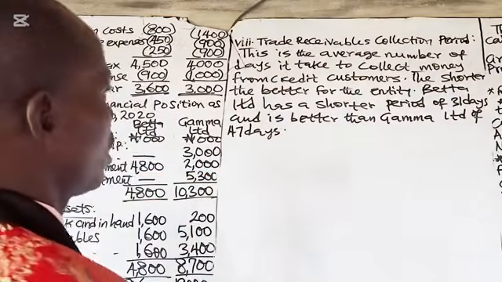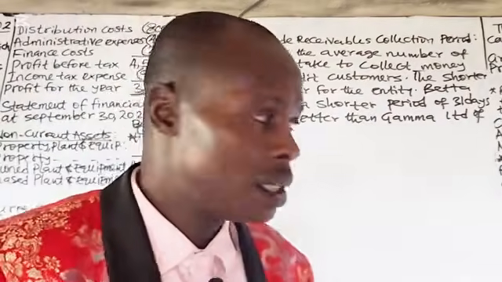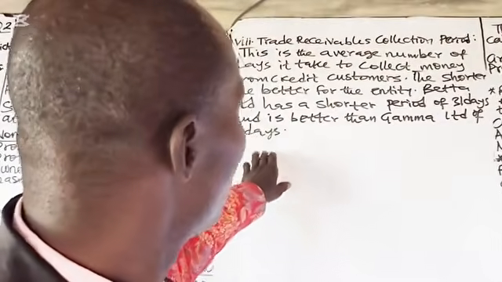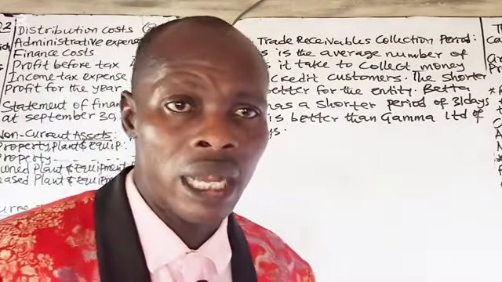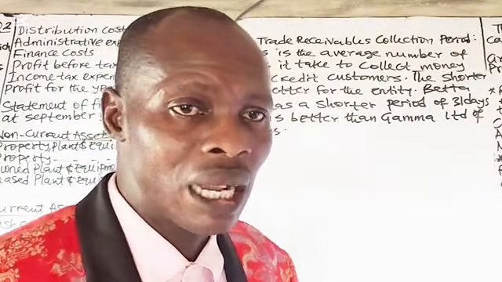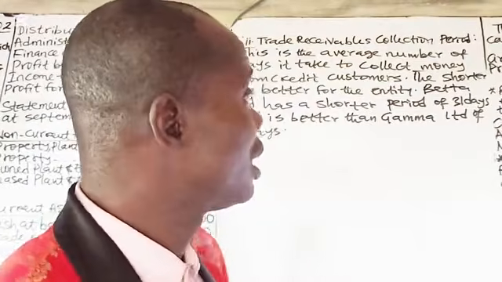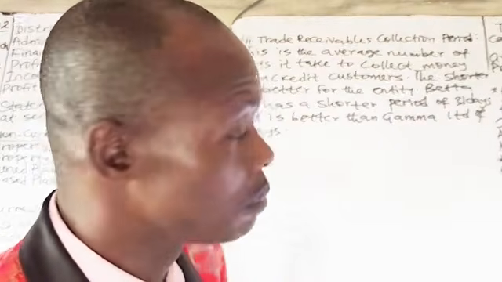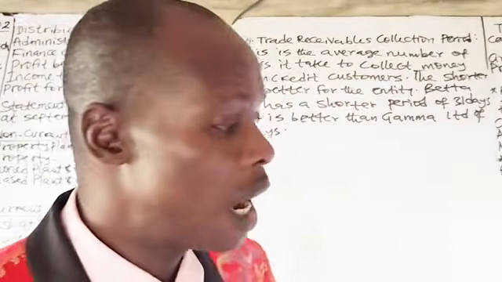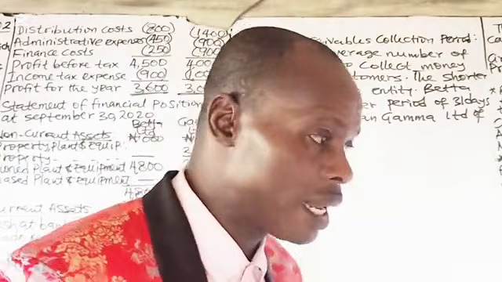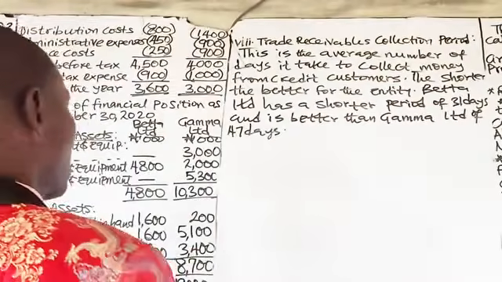So that means the receivables of Beta Limited are easily realizable. So Beta Limited's credit policy is better than that of Gamma Limited, because the higher the receivable collection period, the higher the incidence of bad debts. So that means the greater the bad debts.